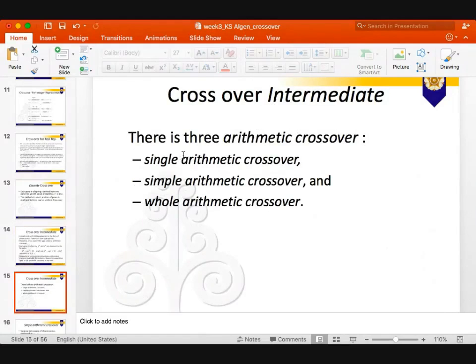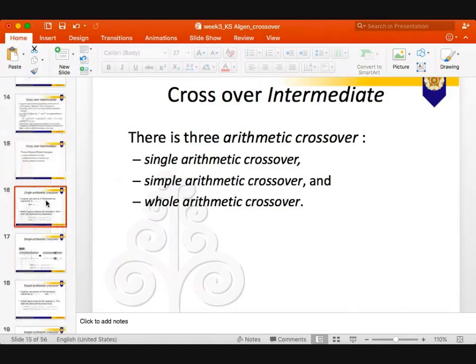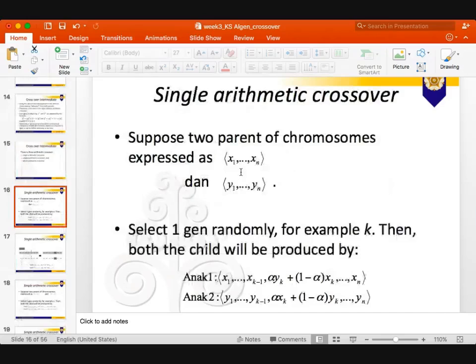Actually, we have three types of arithmetic crossover. The first one is single, the second one is simple, and the last one is whole. Single arithmetic crossover is like one-point crossover, but only one gene comes from combining two values of the chromosomes.